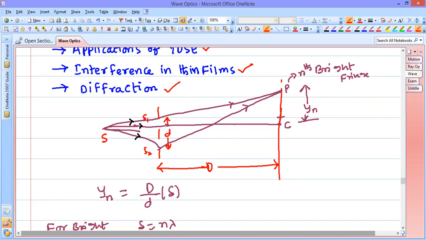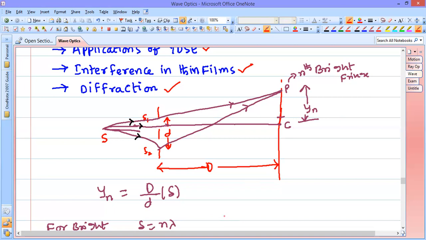As the distance between the fringes increases, what happens to the amplitude? Amplitude is also increased.